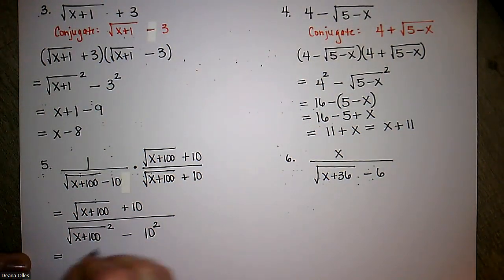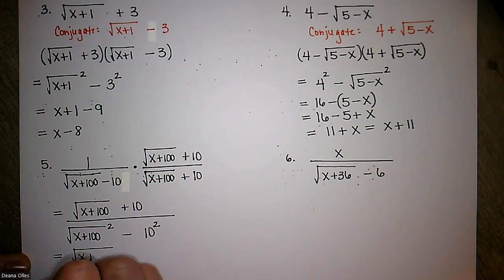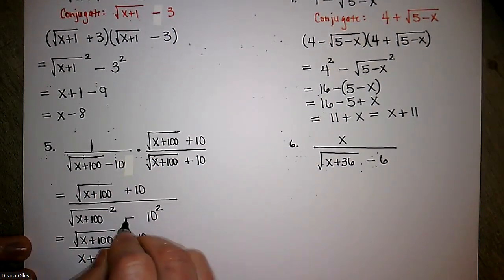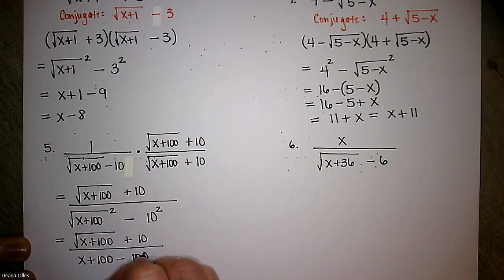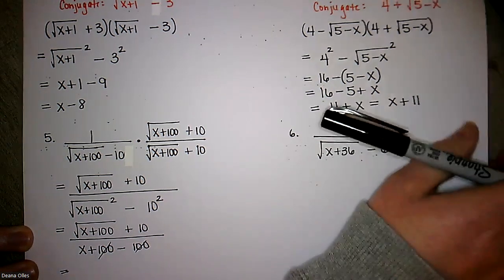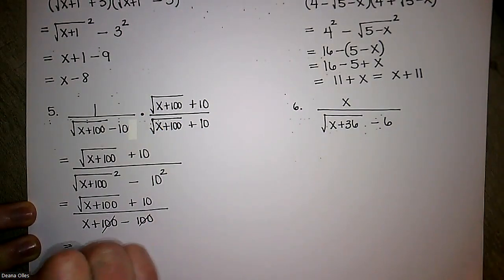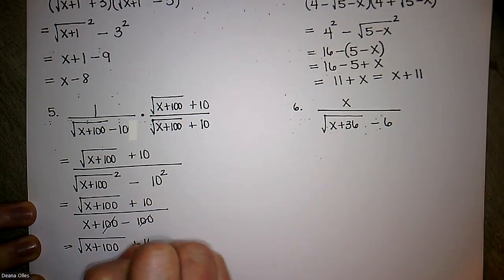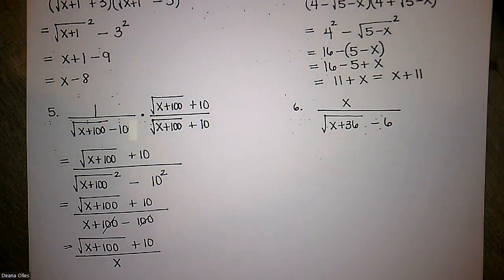All right, so now we have the square root of x plus 100 plus 10 divided by, if I square a square root, it cancels and I have x plus 100 minus 10 squared is 100, which actually means those 100s cancel. And I am left with the square root of x plus 100 plus 10 all over x. And that's the cleanest version for that.